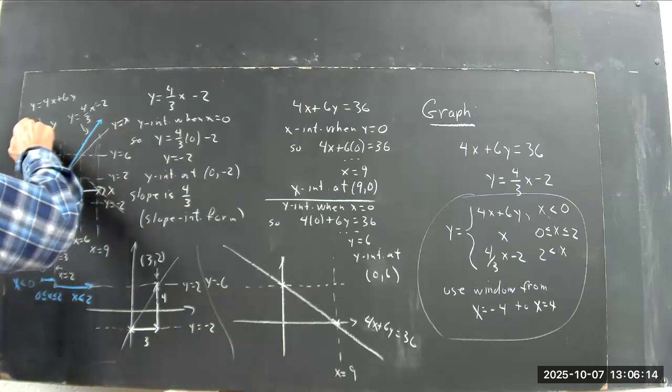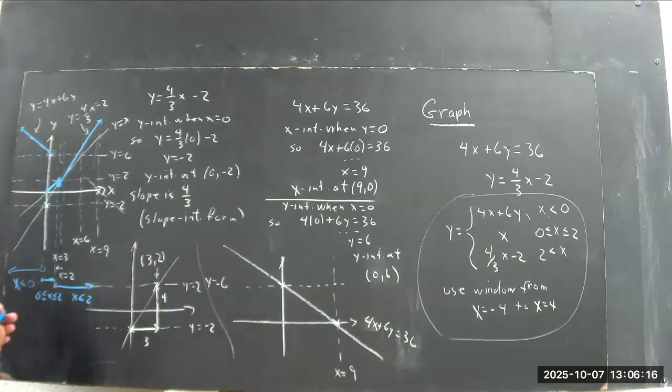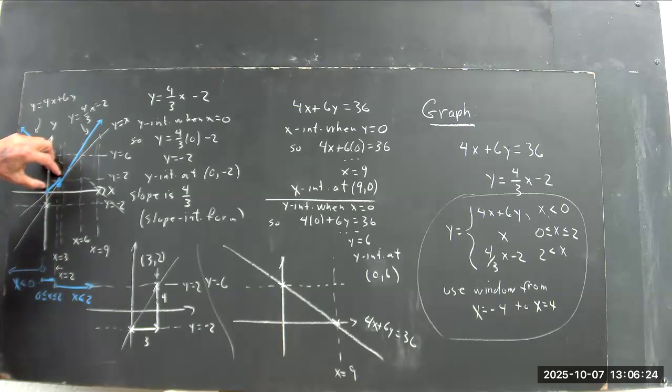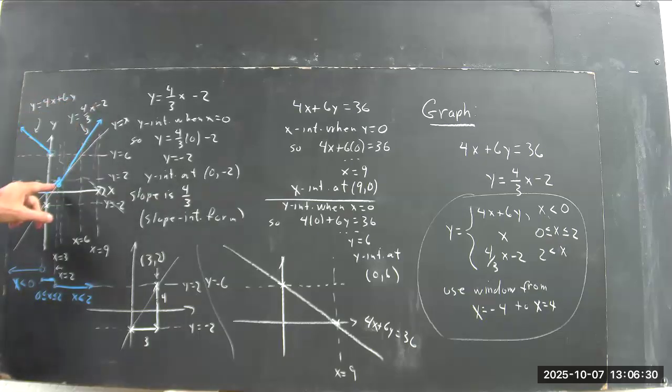And I could put an arrow on this and an arrow on this, and there's a piecewise graph. We're on this line until x equals 0, but not at x equals 0. Then we're on this line from x equals 0 to x equals 2, including both of the endpoints. Then we're on this line whenever x is bigger than 2. Okay?